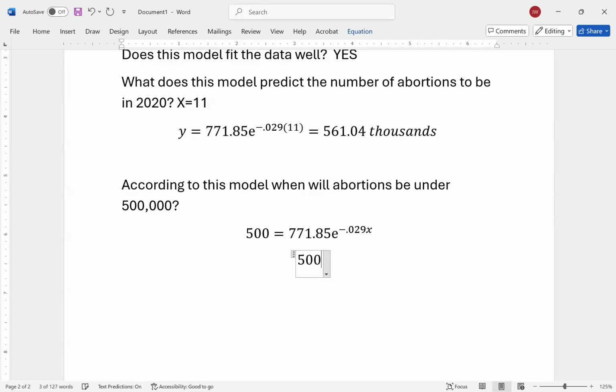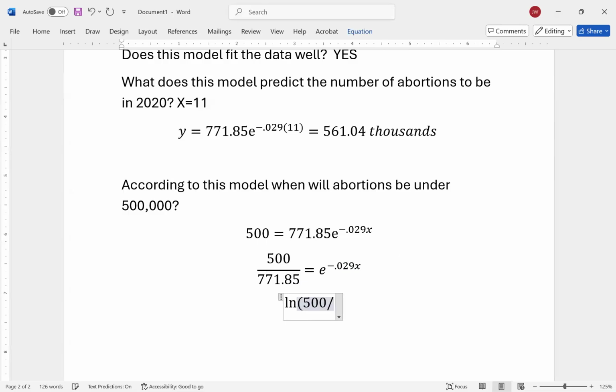So you'd get 500 divided by 771.85 is equal to e to the power negative 0.029 multiplied times x. And then I'd take a natural log of both sides. If I take a natural log of the left-hand side, I won't give the number right now, but the calculator can give it to me.